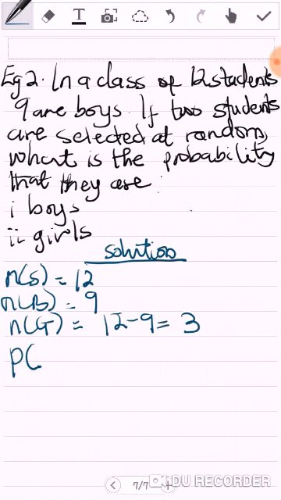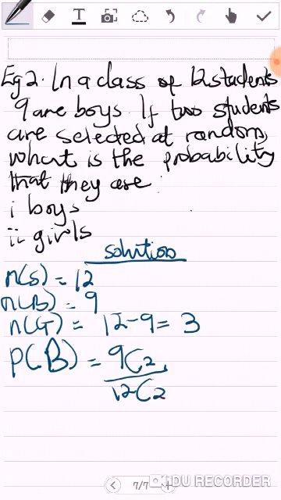So probability for all to be boys will be equal to 9 combination 2 over 12 combination 2.